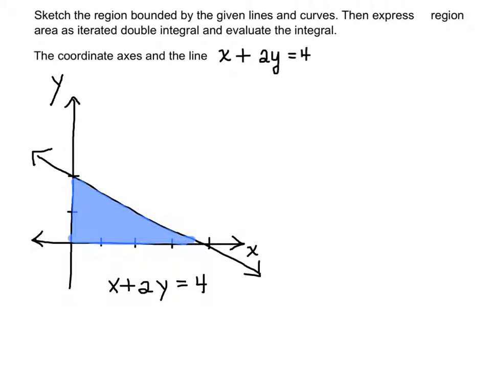All right, so we want to express this area. Let me go back to black and put a little arrow at the ends of our y and x axis, a little thicker. There we go. Now if we want to express this line as a function of x, we would subtract x from both sides and then divide by 2, and we have y is equal to, and I'm going to commute these, negative 1/2 x plus 2.